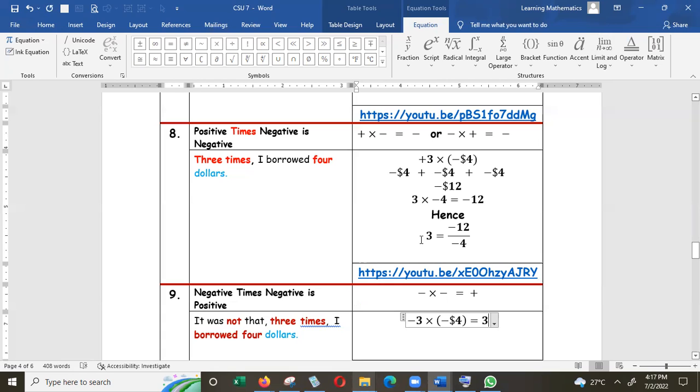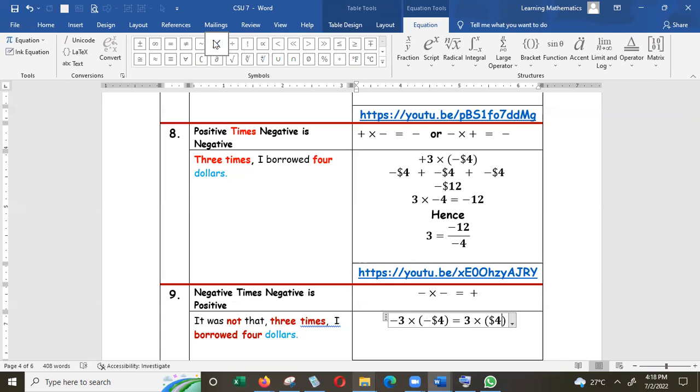What does that mean? In a sense, you actually received $4 3 times. Okay. It's like two negatives becoming a positive in reasoning.